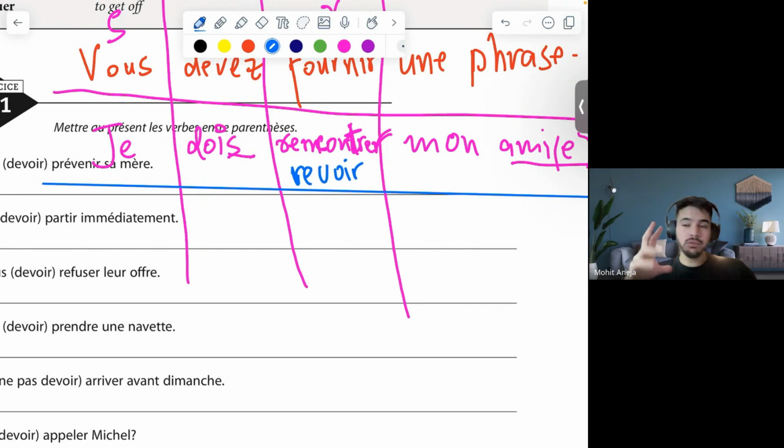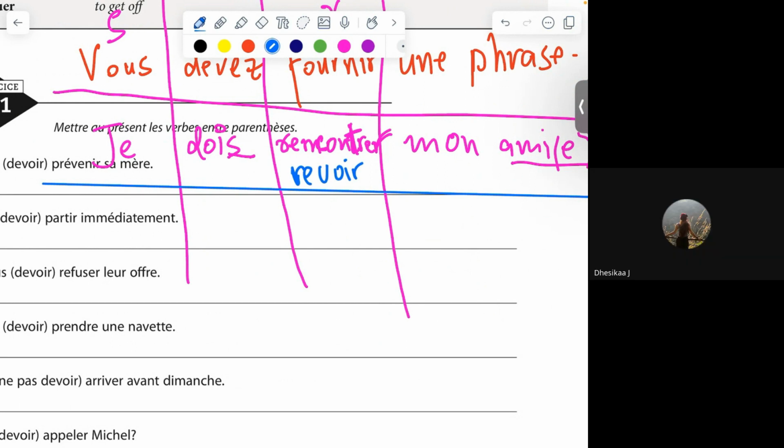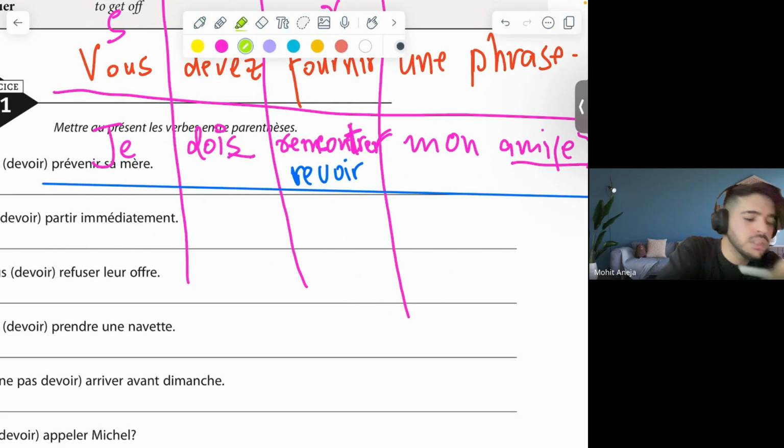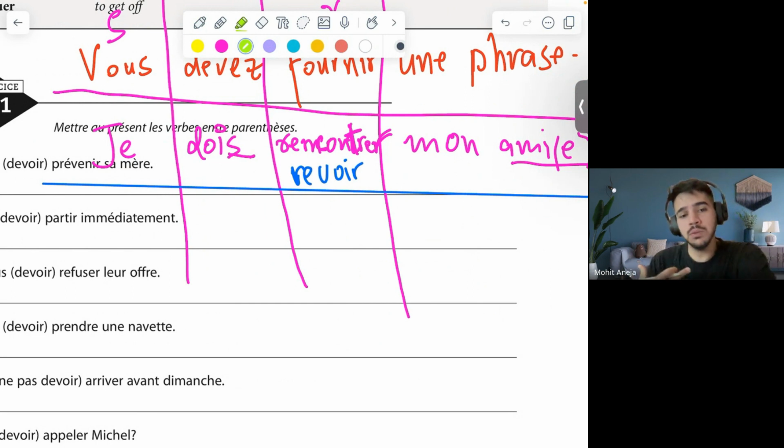You can't meet your friend for the first time. If you're meeting him for the first time, he can't be your friend, right? So if you're meeting someone for the first time, only in that use case you can say rencontrer. Otherwise, you have to use revoir. When you're actually seeing someone who you already know, you have to use revoir or some other verb, but not rencontrer.